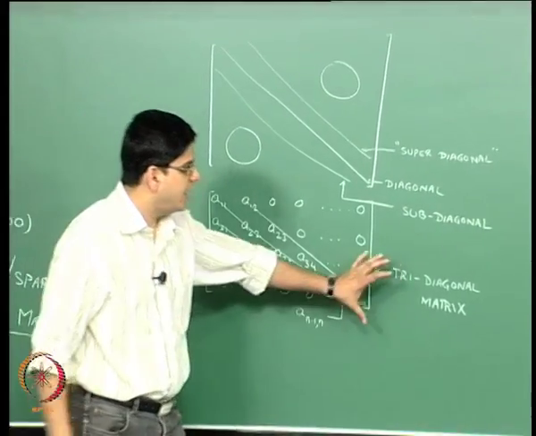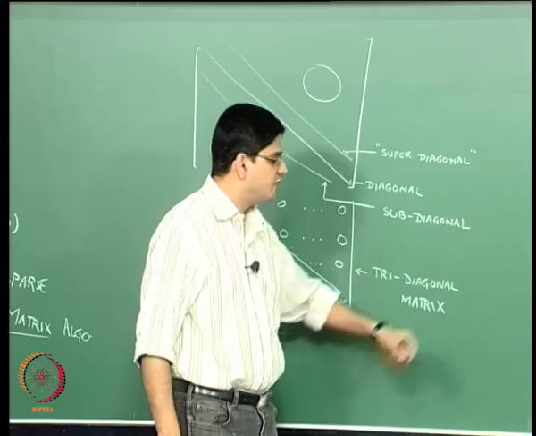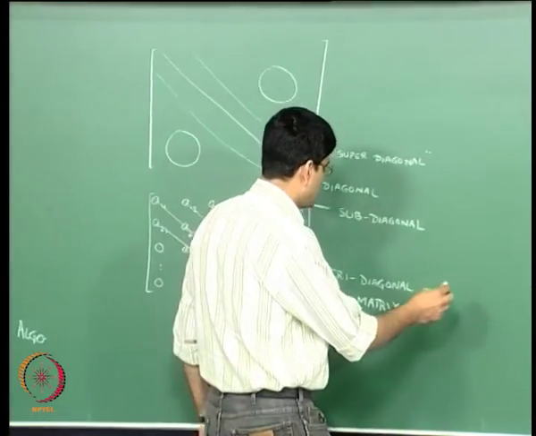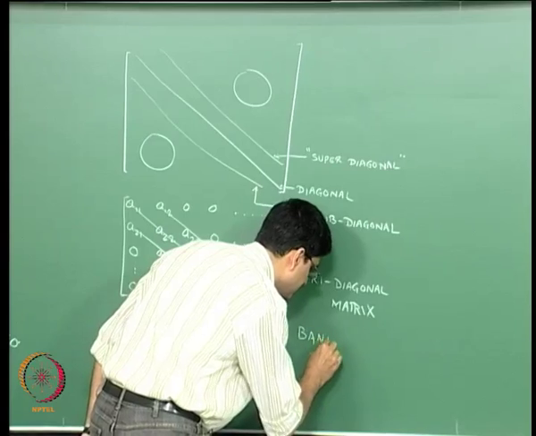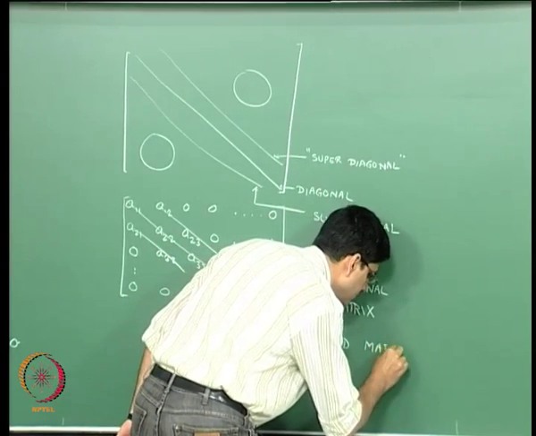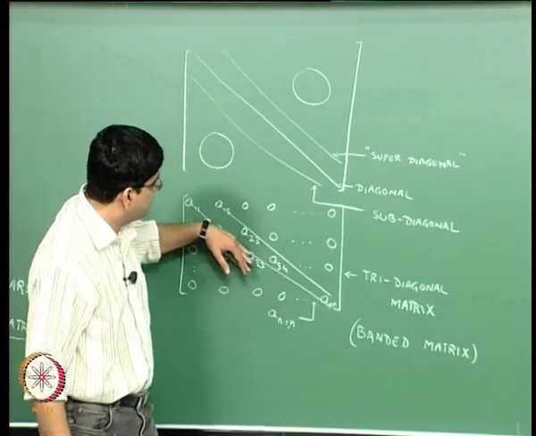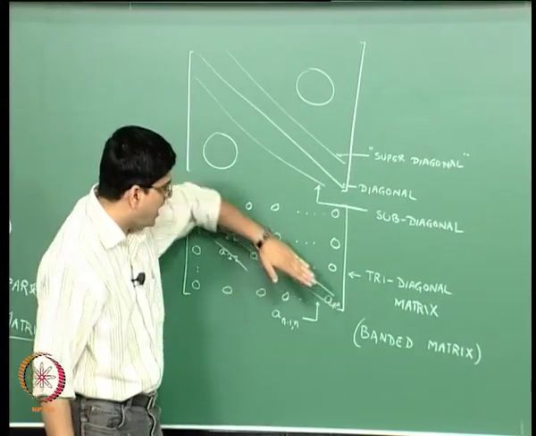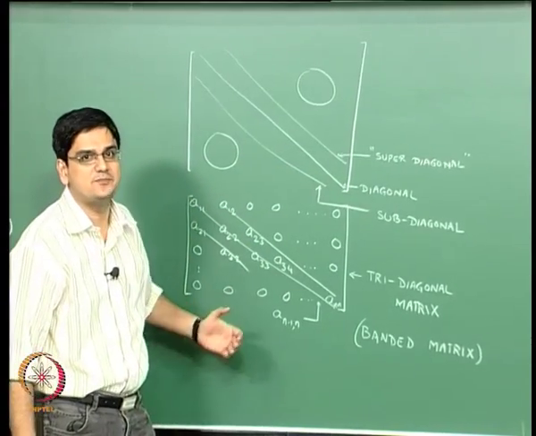Going further, taking this concept of tridiagonal further, we could also have a banded diagonal matrix or a banded matrix, where there would be one diagonal element and more than one super diagonal elements and more than one sub diagonal elements.